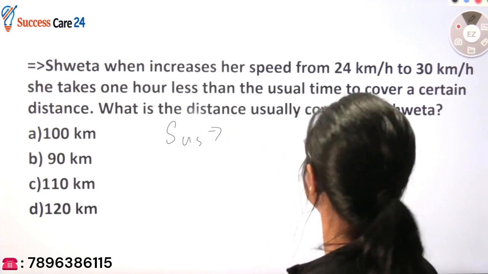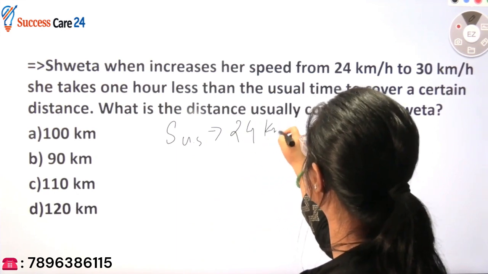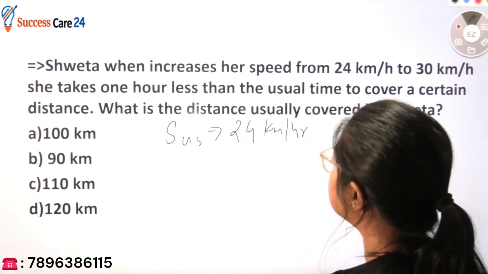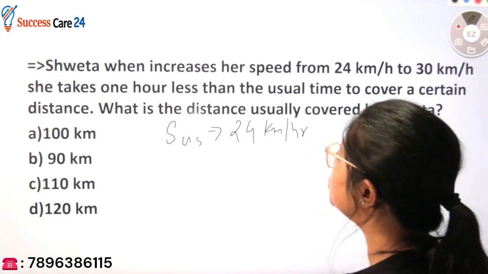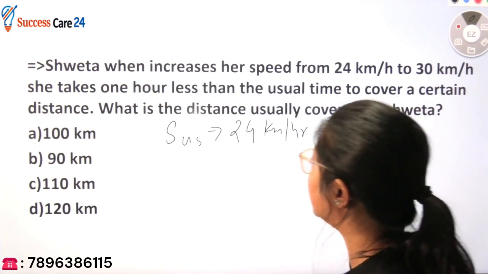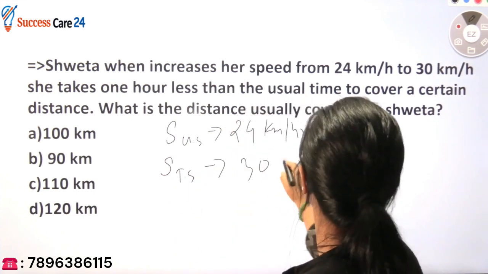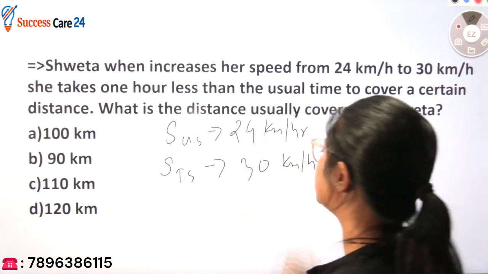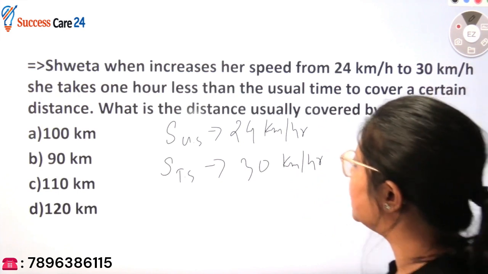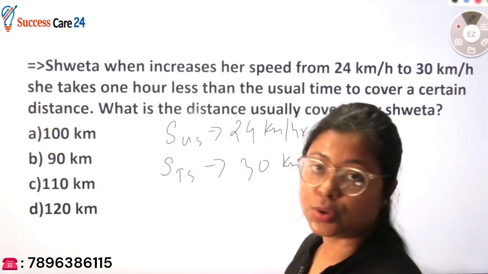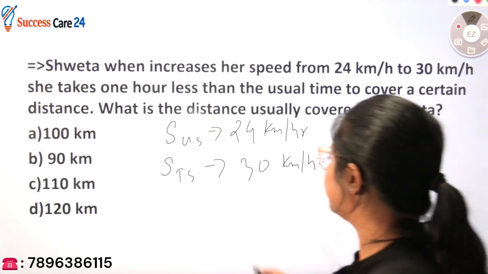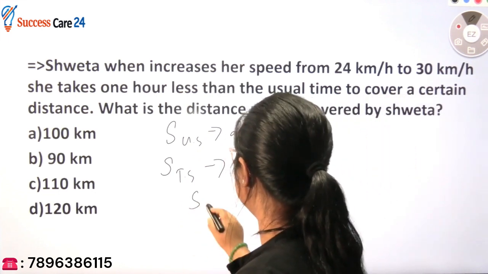So Shweta's usual speed is how much? 24 kilometer per hour. And today she increases her speed from 24 to 30 kilometer per hour. That means Shweta's today's speed is how much? 30 kilometer per hour. So from here you get the speed ratios.